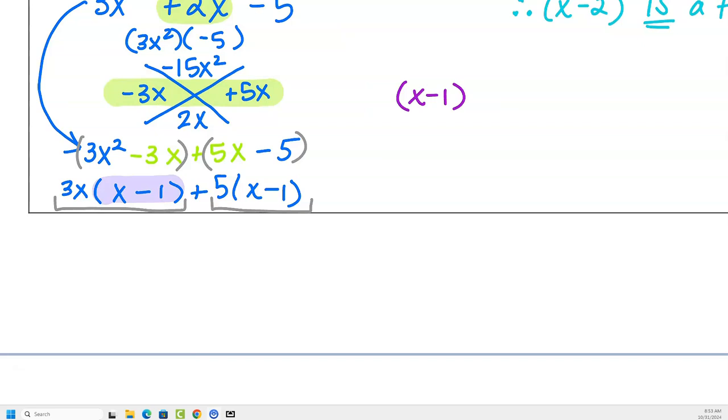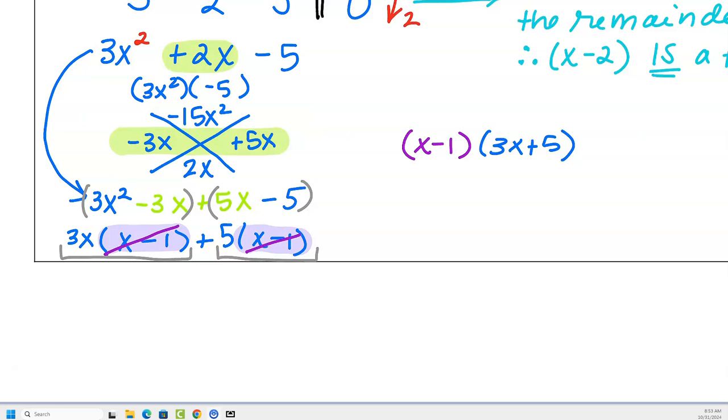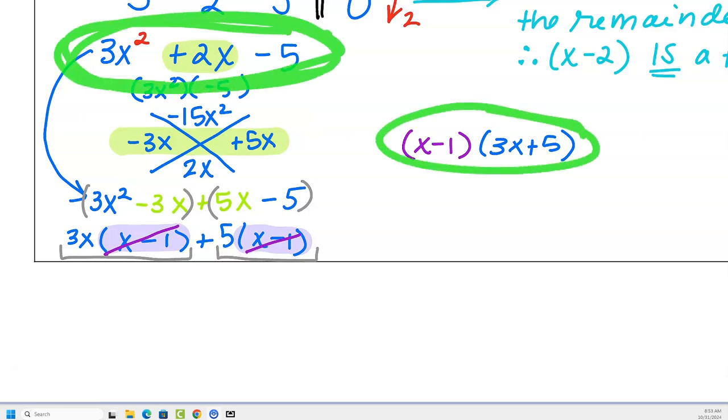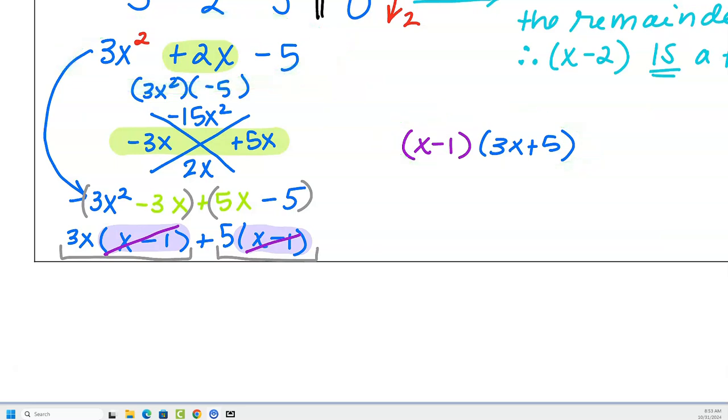Once I reduce that, they both reduce, right? And what am I left with? 3x plus 5. Now, if I multiply those together, doesn't that give me these two? So it said find the remaining factors. We actually found the remaining factors. Those are the remaining factors.